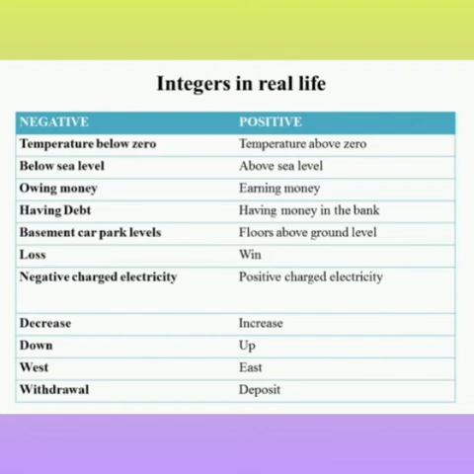And positive integers are described by: temperature above 0, above sea level, earning money, having money in the bank, flows above ground level, wind, positive charged electricity, increase, up, east, deposit.